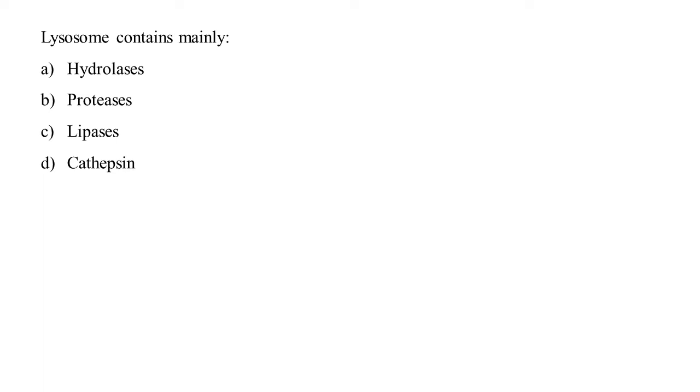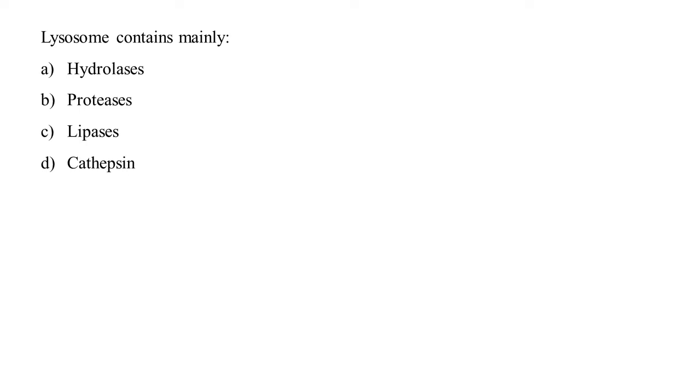Lysosomes contain mainly hydrolases, proteases, lipases and cathepsins. As we know, lysosomes are membrane bound vesicles which contain 50 different types of hydrolytic enzymes. All these enzymes are used to hydrolyze DNA, RNA, proteins and different types of carbohydrates.